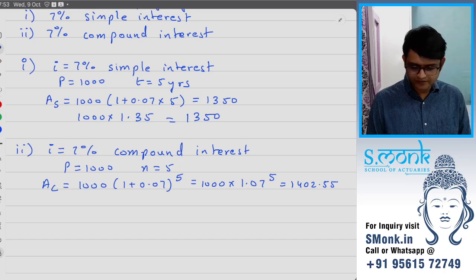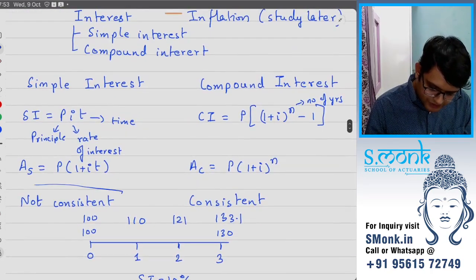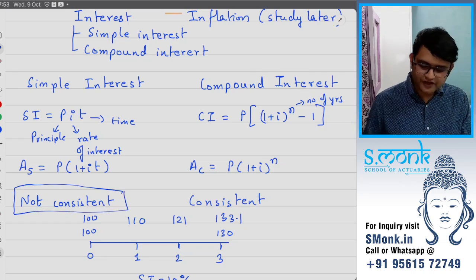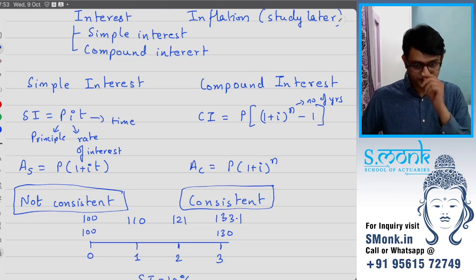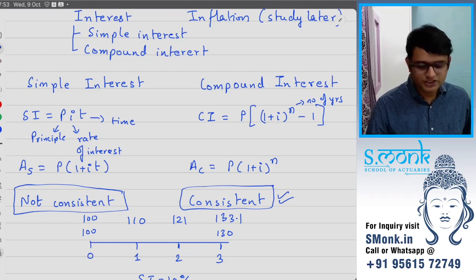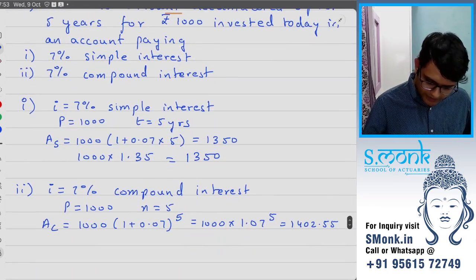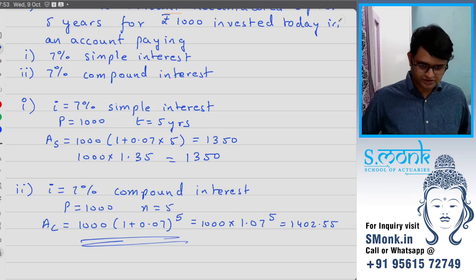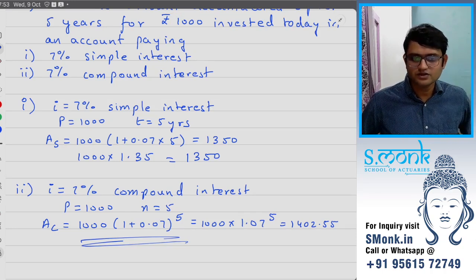Yes, sir. Okay. Now we said that simple interest is not consistent. That is why we required compound interest, because it is consistent, right? Okay, we understand compound interest, but to use compound interest we don't really need simple interest. Like here, we directly had a formula for compound interest. If we never learn simple interest, we are still okay with it.